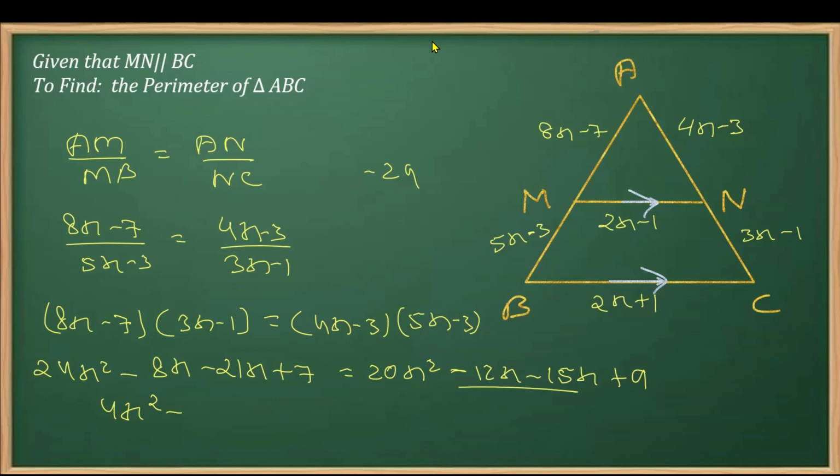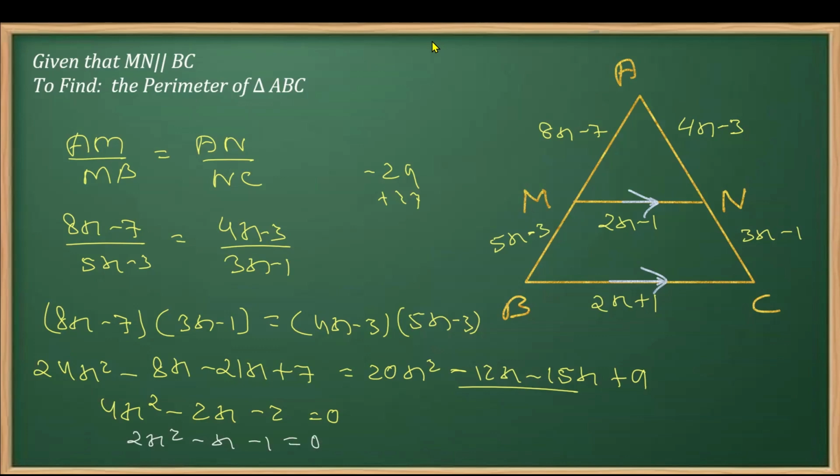If you bring it to the left-hand side, it will be added, so it gives you minus 2x. And 7 minus 9 is minus 2, equal to 0. One more step of simplification by taking 2 common gives 2x square minus x minus 1 equals 0.